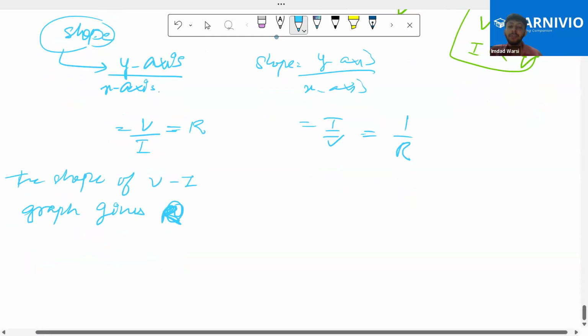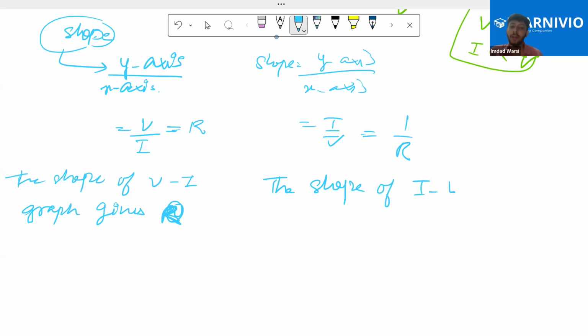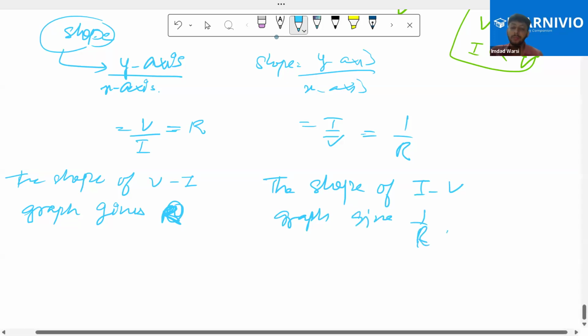So the slope of the IV graph is 1 by R, the reciprocal of resistance. Understood?